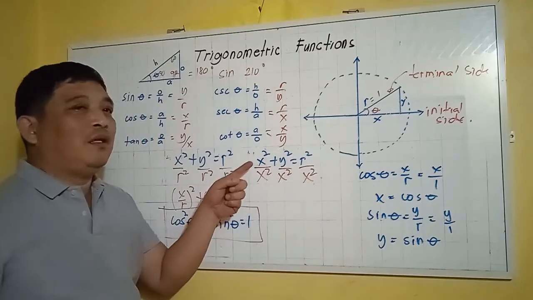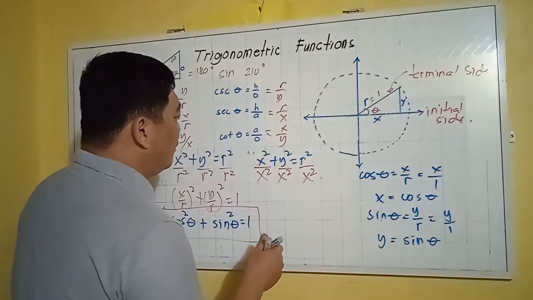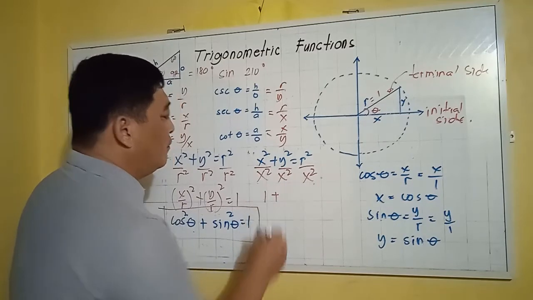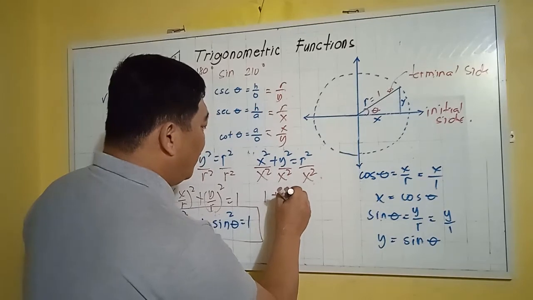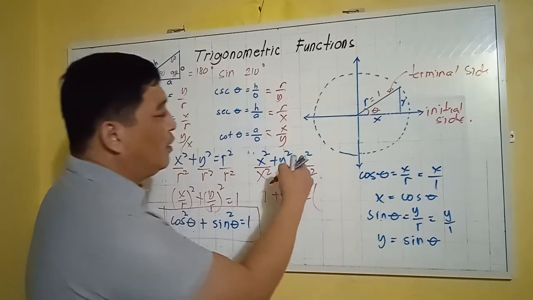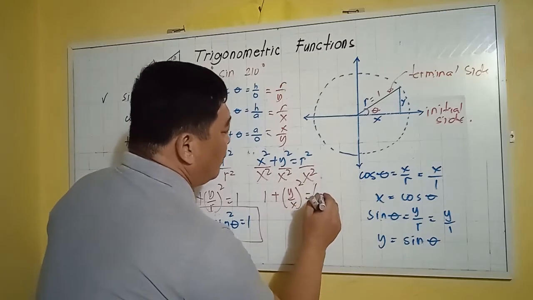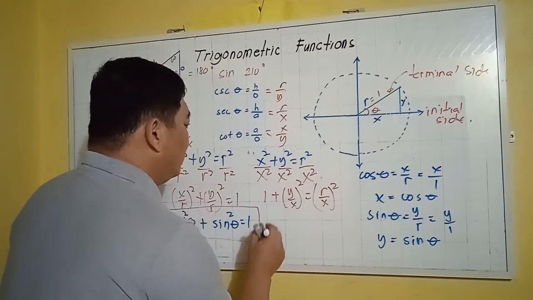What happens is that x square over x square, we have 1 plus y square over x square is equals to r square over x square.